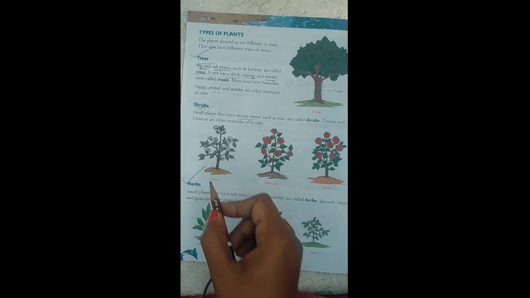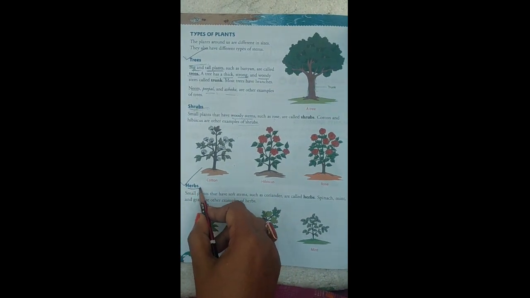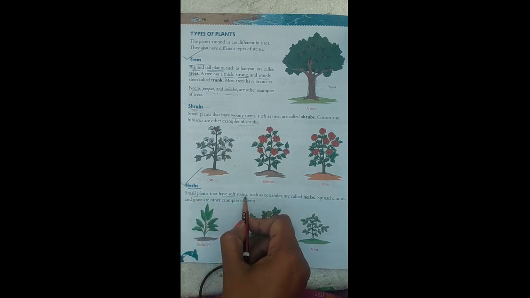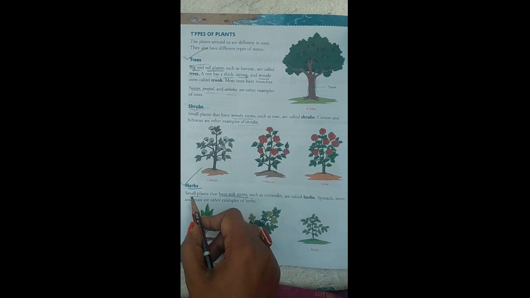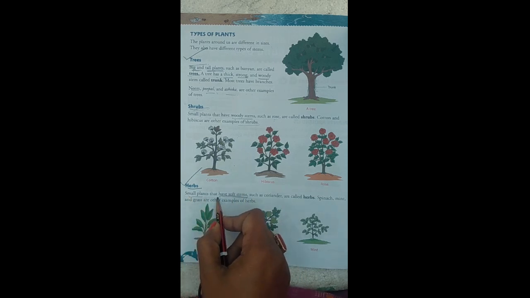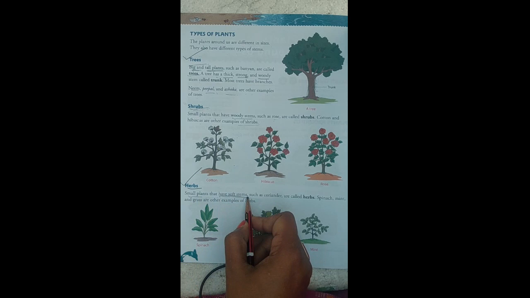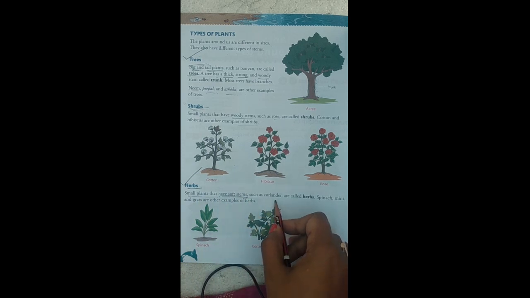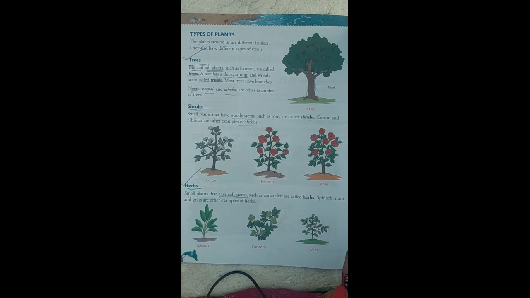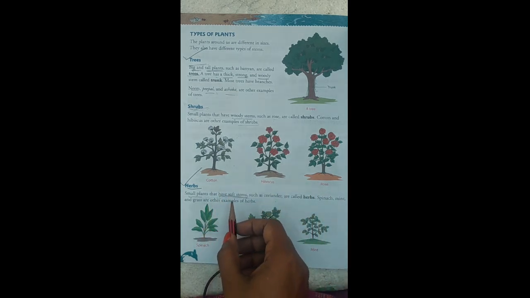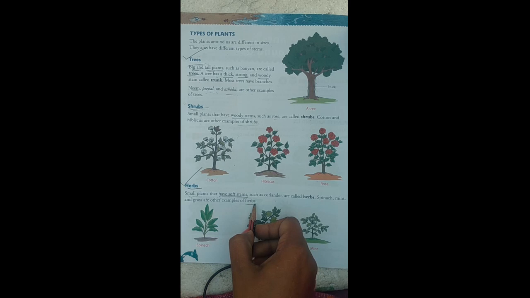Now the next type of plant, which is herbs. Say with me, herbs. What is the next type of plant? Herbs. Small plants that have very soft stems, such as coriander, grass, and mint, are all examples of herbs.